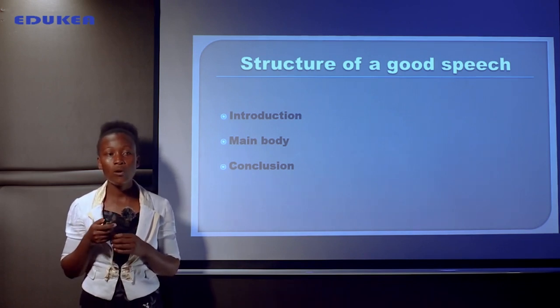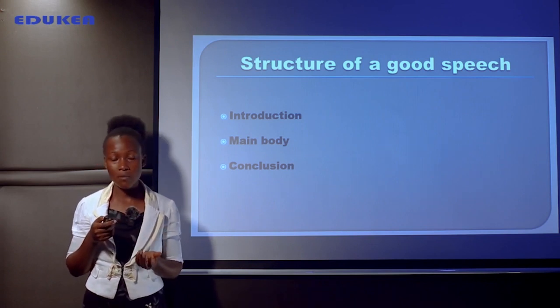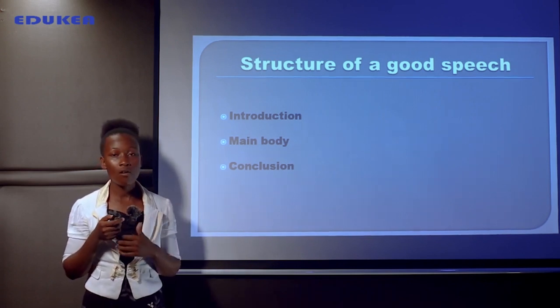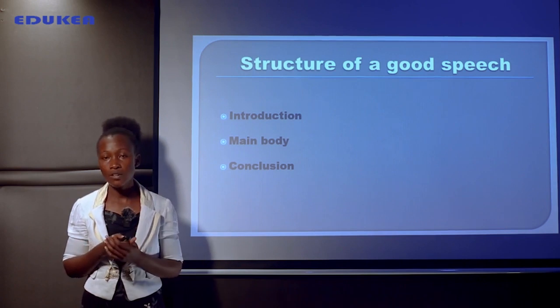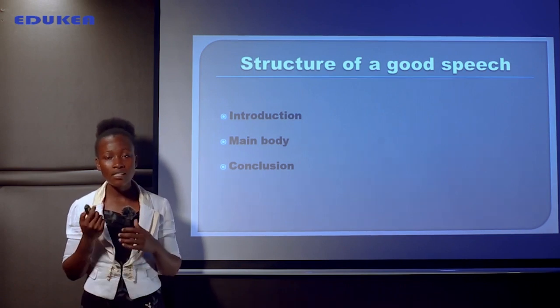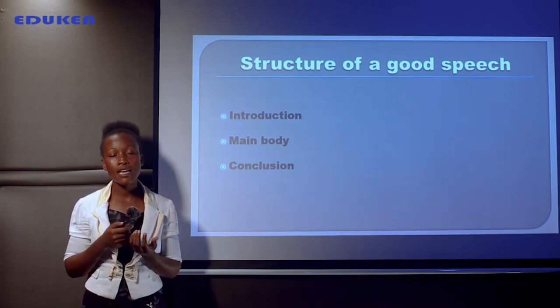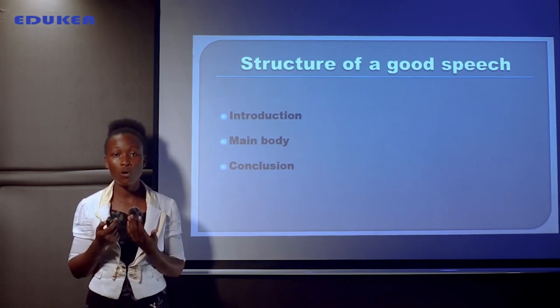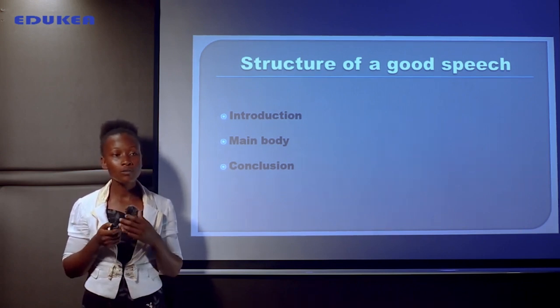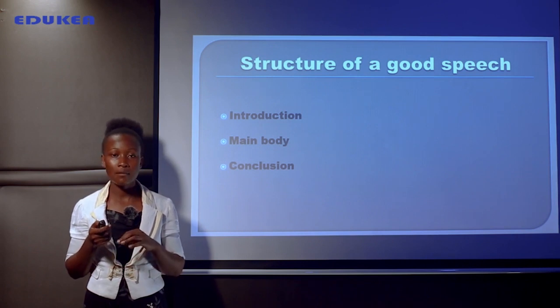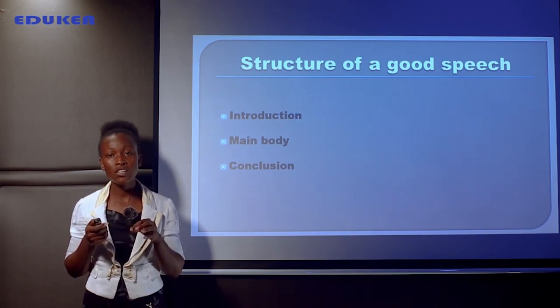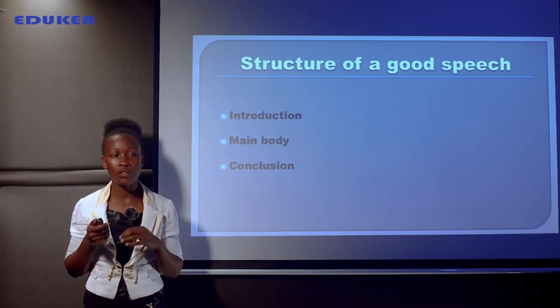So if it is about the causes of child labor or of poverty in African societies, or any topic, here the presenter tries to explain these issues, basically the causes or effects or something which he intended to give to the audience.